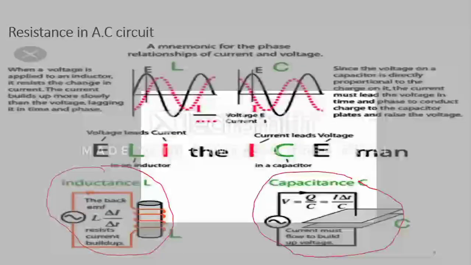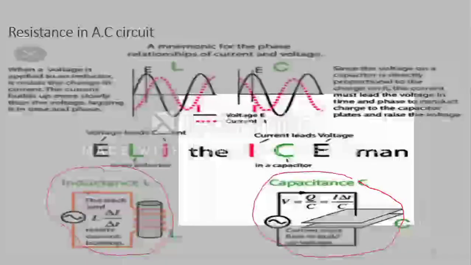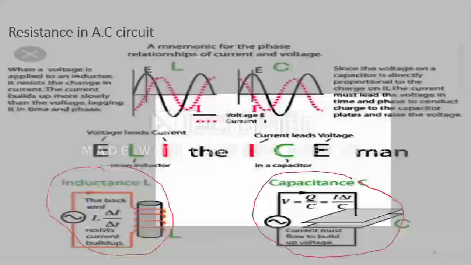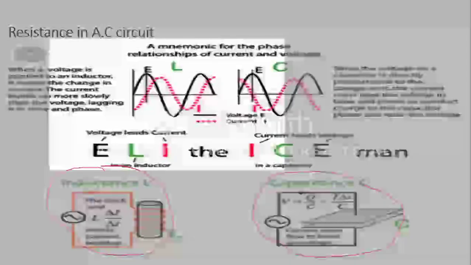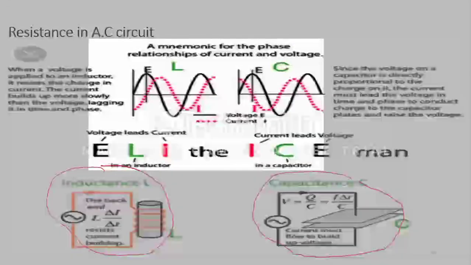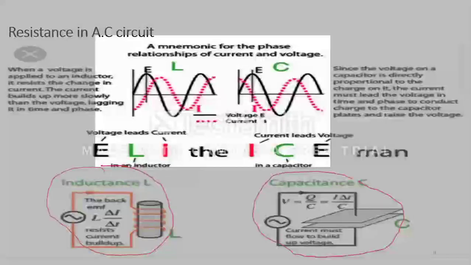Looking at the circuit diagram, you can see where voltage leads current. You see that the voltage is ahead of current. And for the capacitive circuit, current leads voltage, and you see that the current is ahead of voltage.